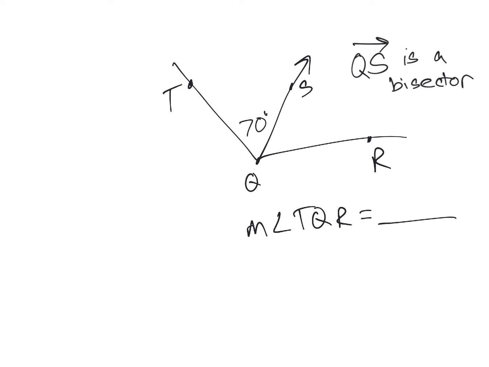What'd you get? Bisector means the two angles are equal. This angle is equal to that angle. So the whole angle is 140.